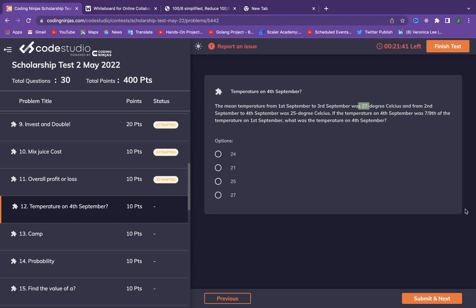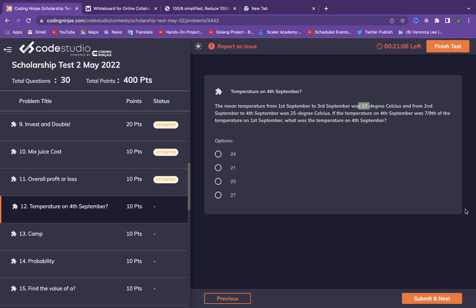So minus 2, 9 by 9x minus 2x, divided by 9.